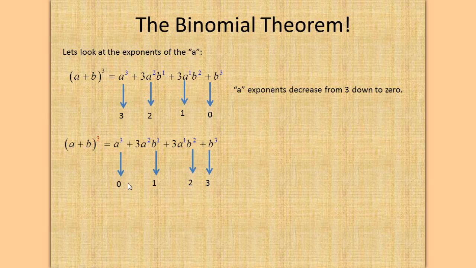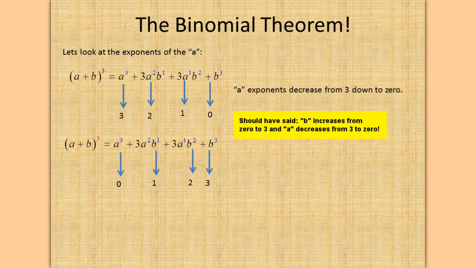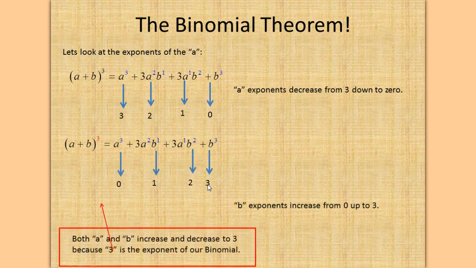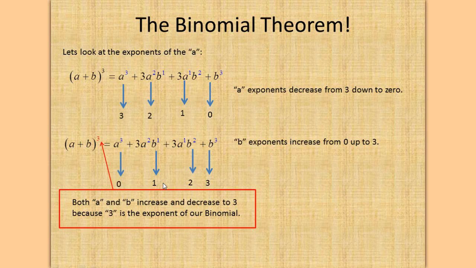So b increases from 0 up to 3. Both a and b decrease and increase to 3 because 3 is the exponent of our binomial.